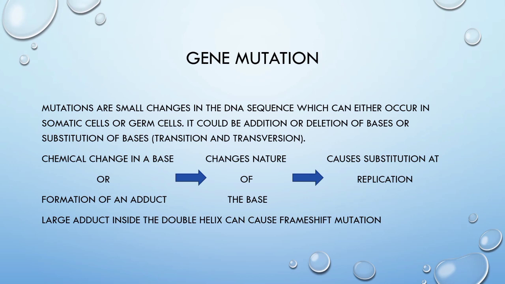Like when guanine is changed to 8-oxodeoxyguanosine. Instead of binding to cytosine, it can bind to adenine, thereby causing a mutation. The larger adducts formed in between the double helix can distort the DNA structure and cause frameshift mutation.